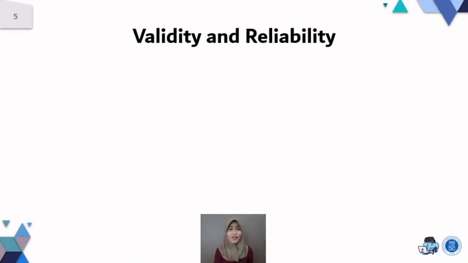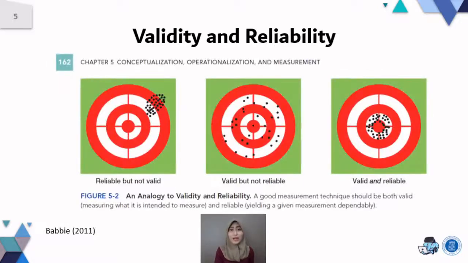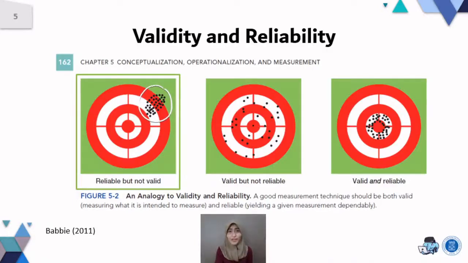Here is an analogy to validity and reliability. If you think of a measurement as analogous to repeatedly shooting at the bullseye on a target, you'll see in the first image that reliability looks like a tight pattern regardless of where the shots hit, because reliability is a function of consistency.